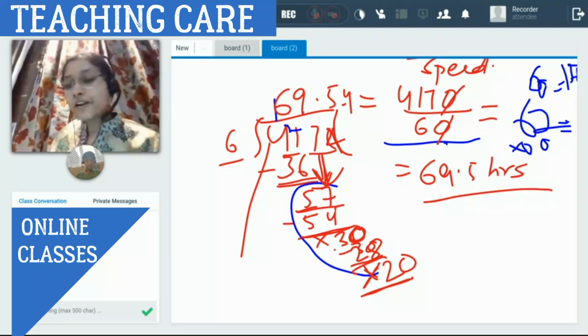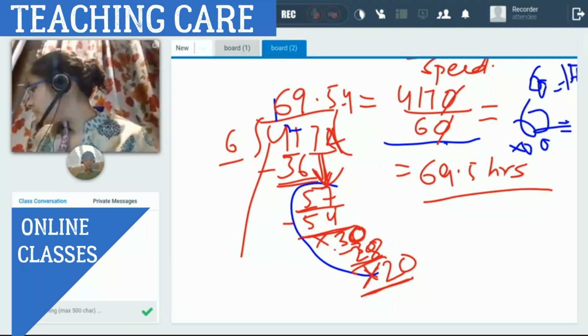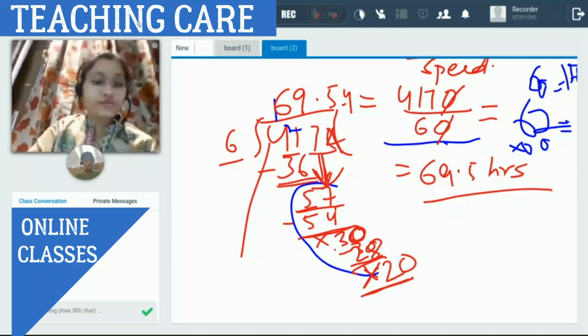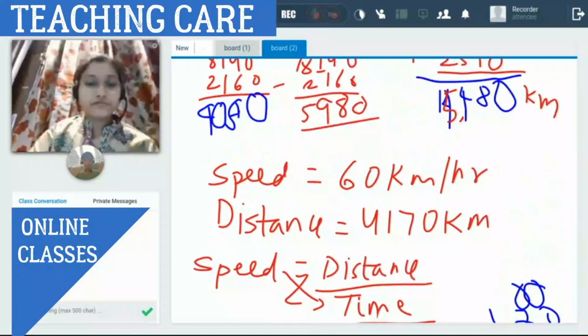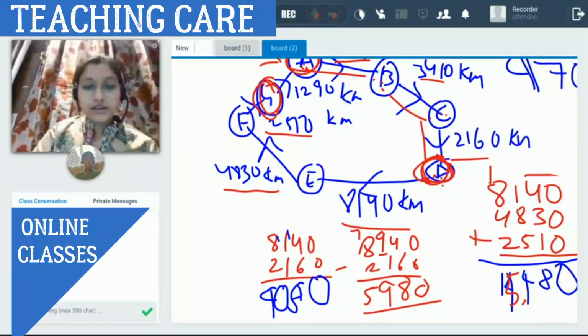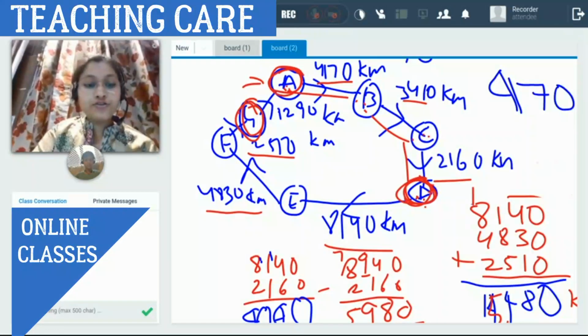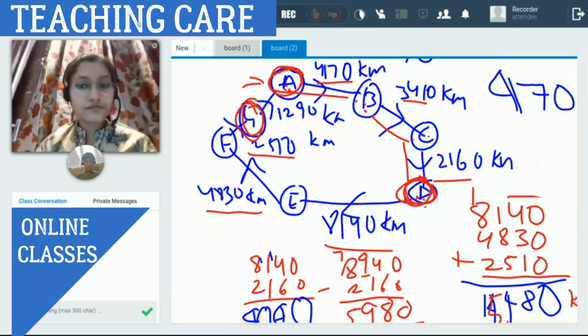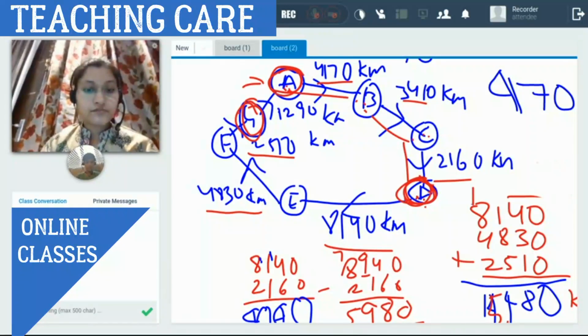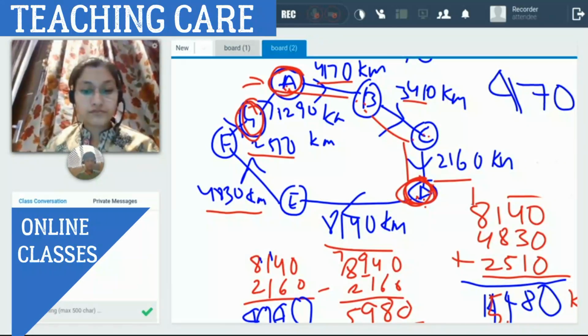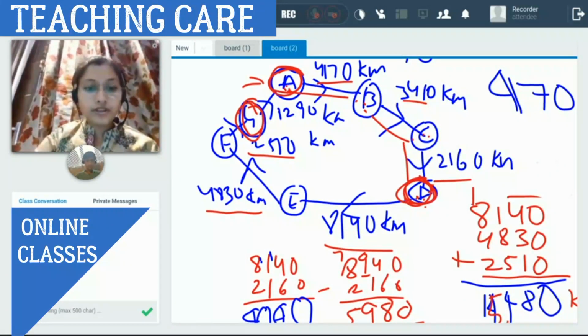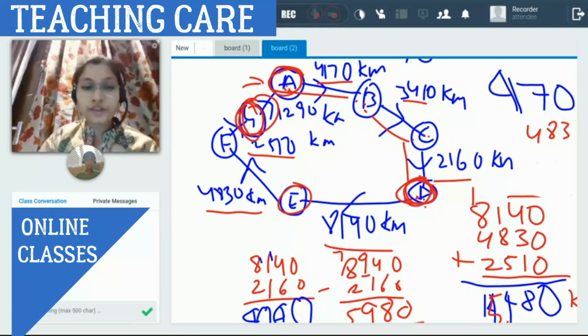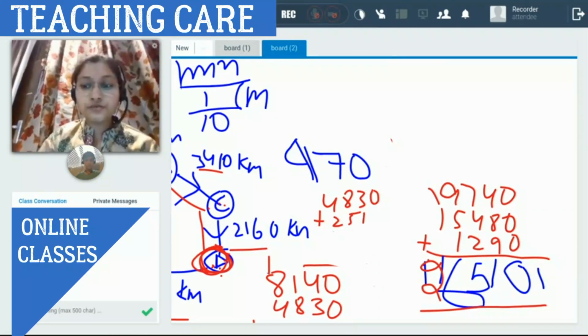So now try to find out the time for the journey from E to G. First I have to calculate the distance from E to G. E to G, so it would be 4830 plus 2510.